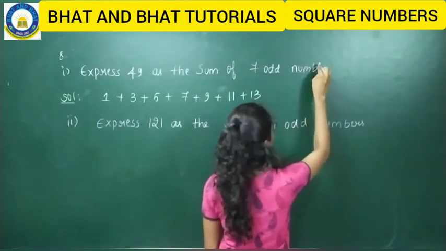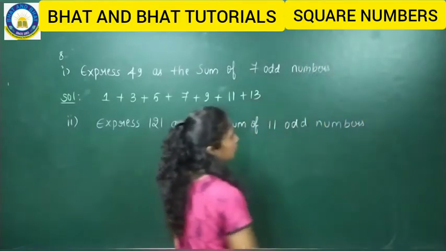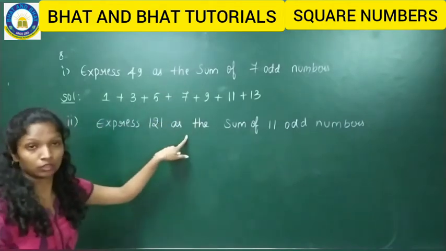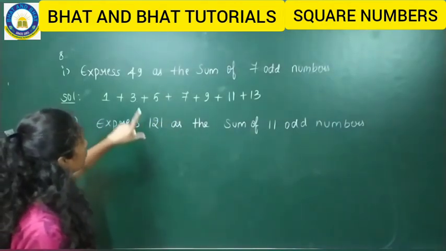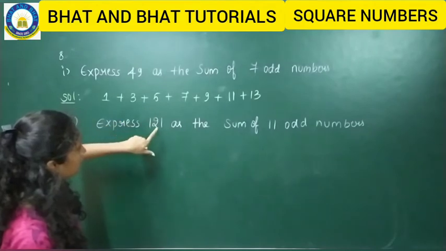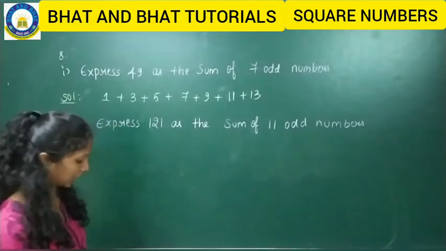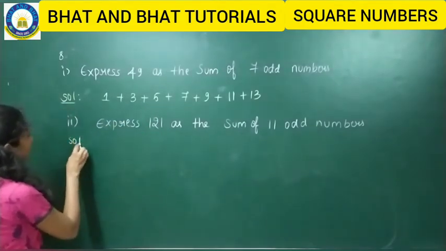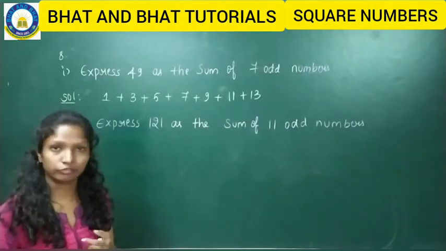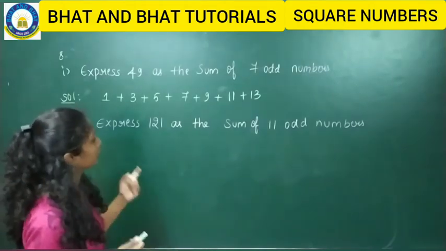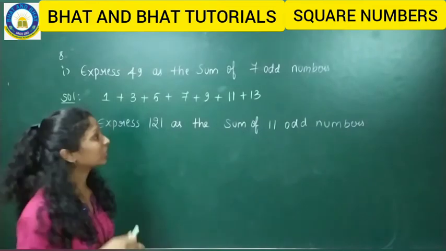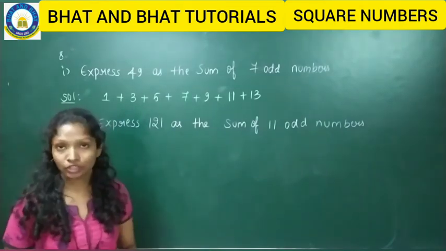I have just used the short form. So in the same way, here also you will be solving. Whereas here you expressed 49, here you will be expressing 121. Okay. So 121 is the square of which number? Since 121 is the square of 11, we will be writing 11 odd numbers.